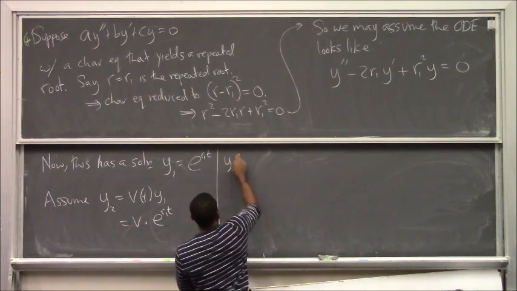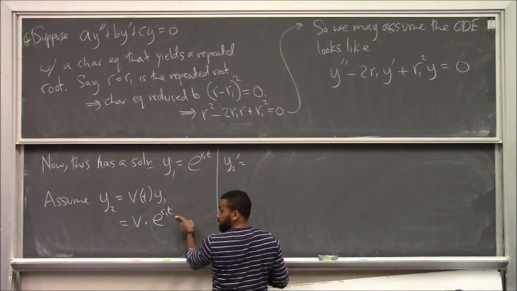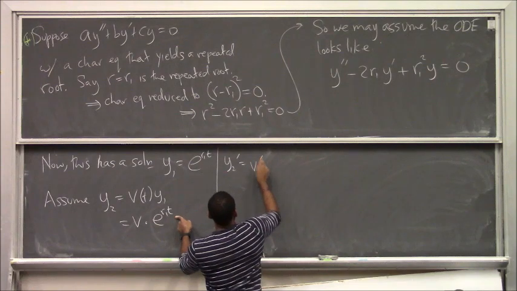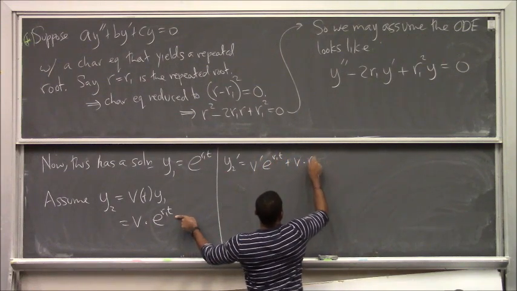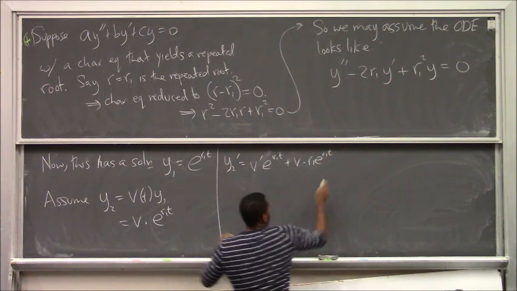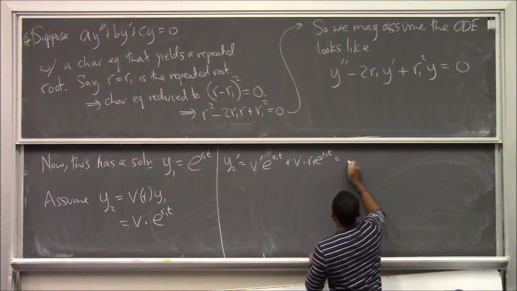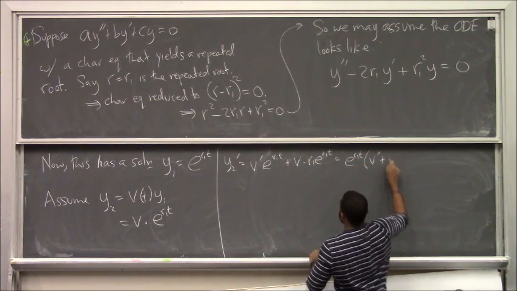Our y2 prime would be, I have to differentiate this. Now v is a function of t, so we need the product rule here. v prime e to the r1 t plus v times r1 e to the r1 t is going to be the first. So this is going to be e to the r1 t times v prime plus r1 v.